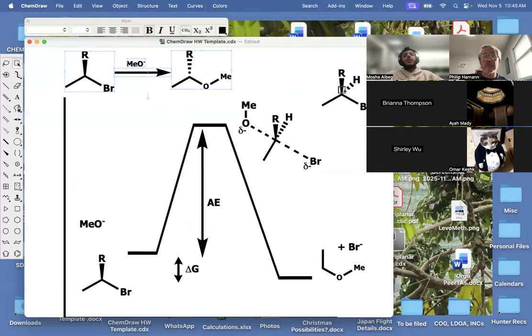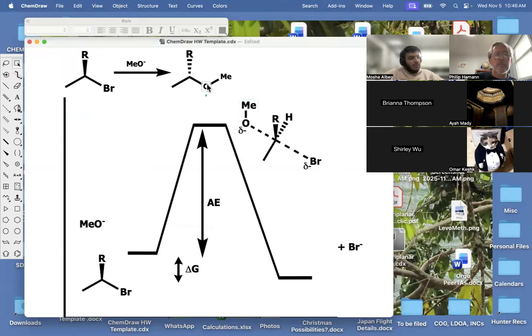Okay. That I don't need anymore. That'll come down here. Let me draw this a little differently. I'll leave the top one up there.